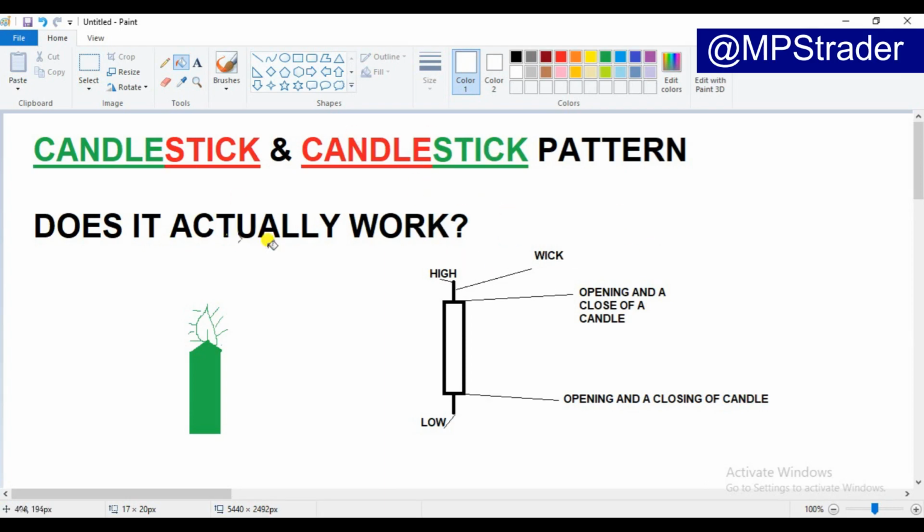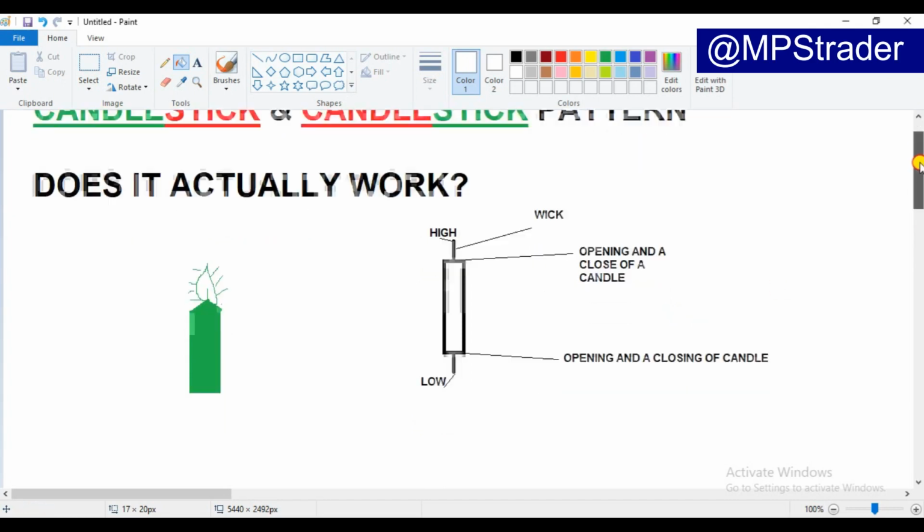So I will take each and every candlestick in a single video, explain it in that video, and in the next video I will explain the next type of candlestick. So this will be easy.